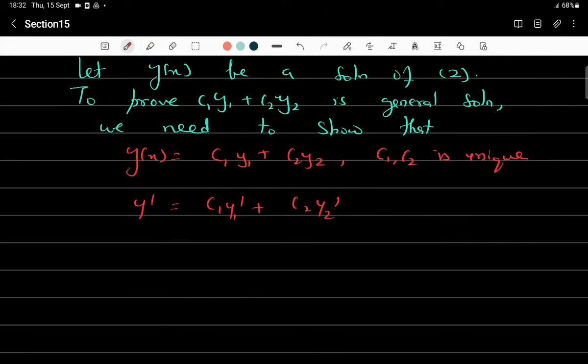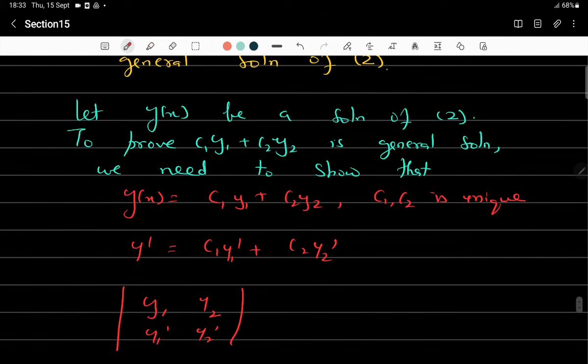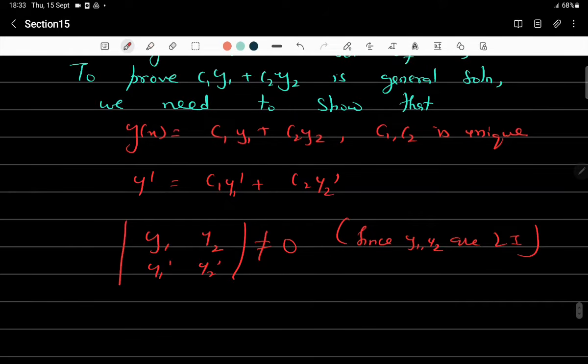Now, for solving C1, C2, it has a unique solution if the determinant is non-zero. The determinant, with rows y1, y2 and y1 dash, y2 dash, is non-zero because it is given that y1, y2 are LI. Since this determinant is the Wronskian, we know that if y1, y2 are LI, then the Wronskian is non-zero.